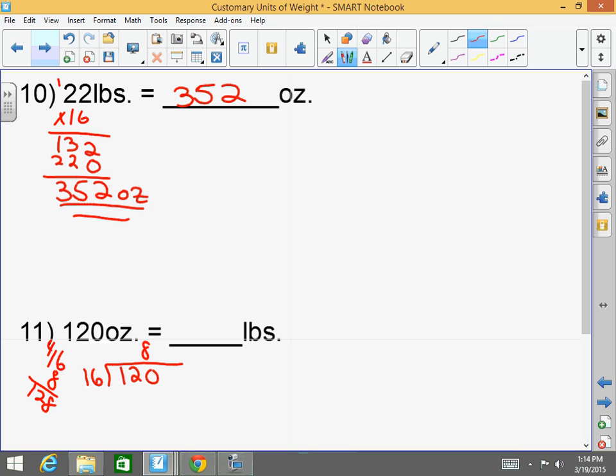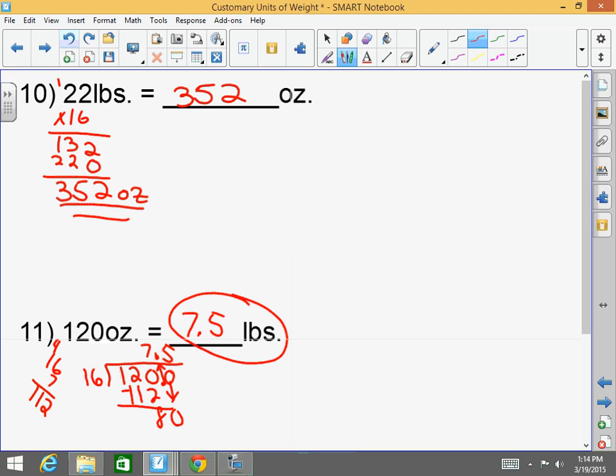So that's over 120, too much. Let's try 7. 16 times 7 is 112. There it is, 7. So that goes in 7 times. So that's 112. You got 8, add a decimal, bring it up, drop a 0. 16 goes into 80 5 times. So that is 7.5 pounds on the money exactly.